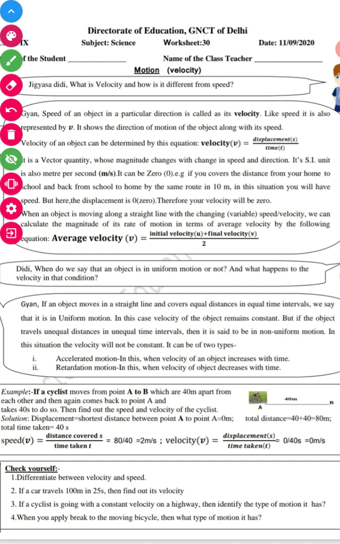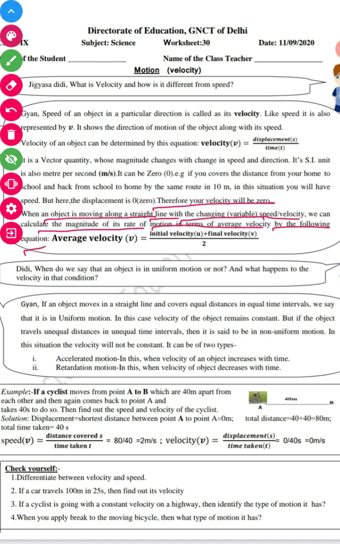So when an object is moving along a straight line with changing speed or velocity, we can calculate the magnitude of its rate of motion in terms of average velocity by the following equation.